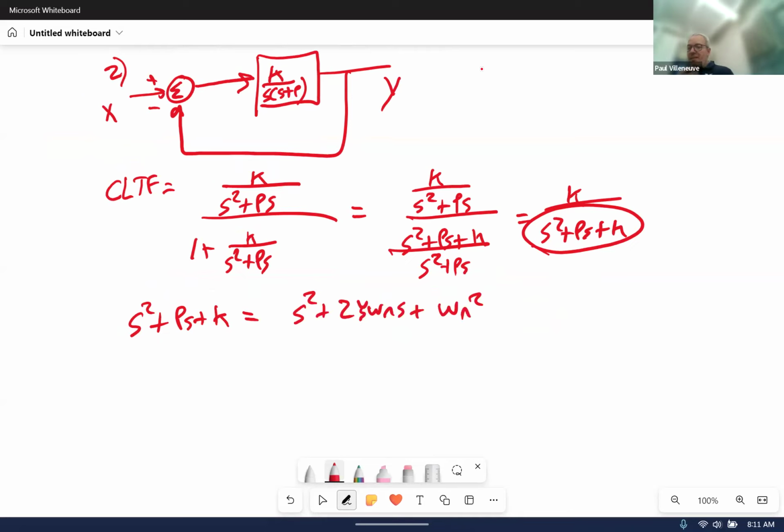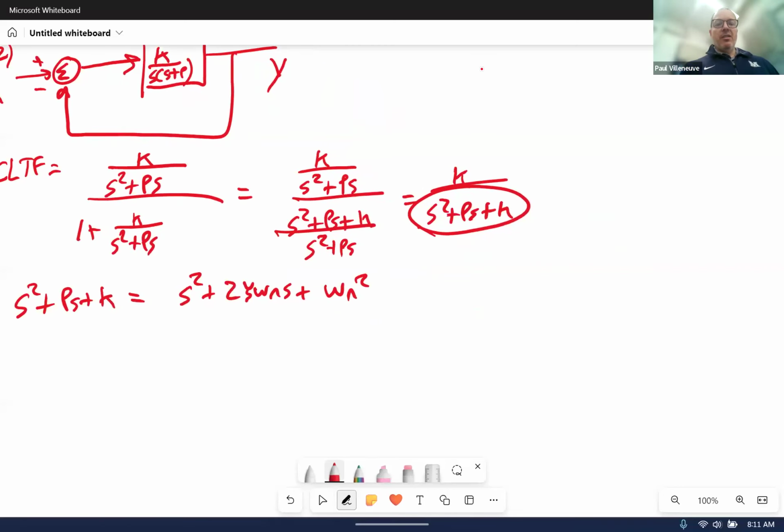There was one piece of information, because you had to solve for K and P. Unless I gave you one of those values, you could have had almost an infinite number. So I told you K was equal to 4. So we have S squared plus PS plus 4 equals your zeta equation.